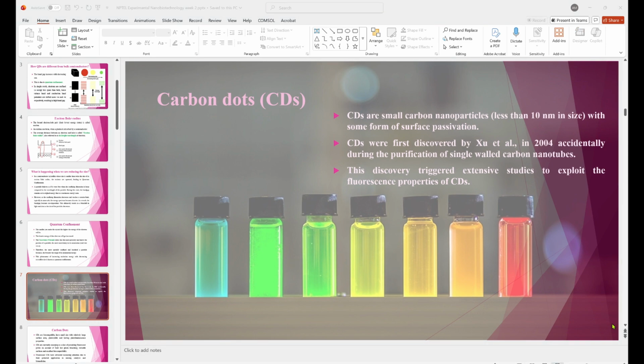So what are carbon dots? They are biocompatible. They have small size with relatively large surface area. They're photostable and have photoluminescence properties. We all know that carbon dots give very good fluorescence.